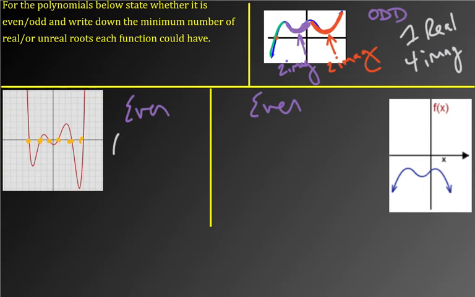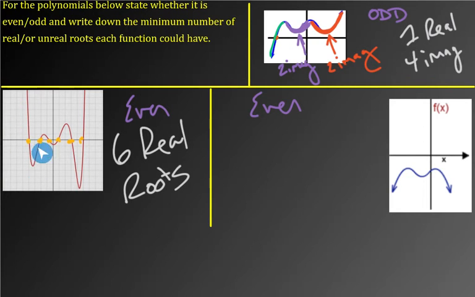You could just basically have this be an even polynomial with 6 real roots, and that would be the minimum number. You want to think of this one as a quadratic there, another quadratic there, and then a third quadratic there. Basically, it's just 3 x squared stuck together in a sense, and you're going to get 2, 4, 6 real roots.